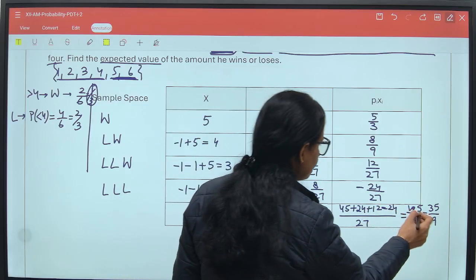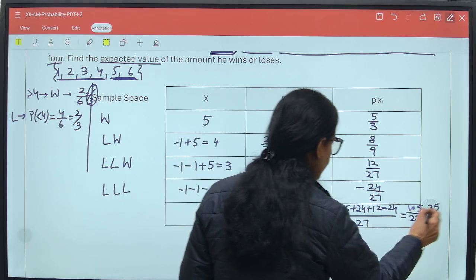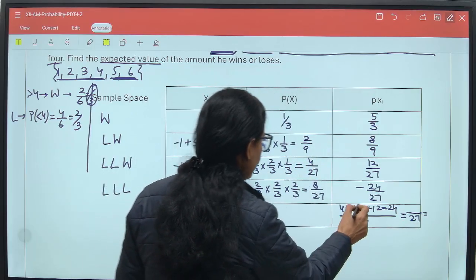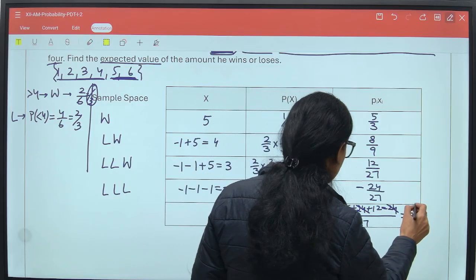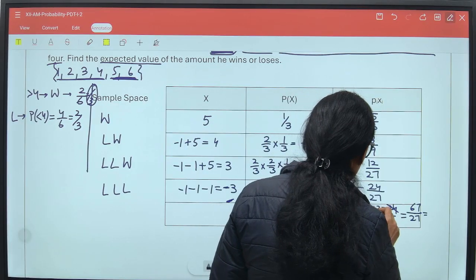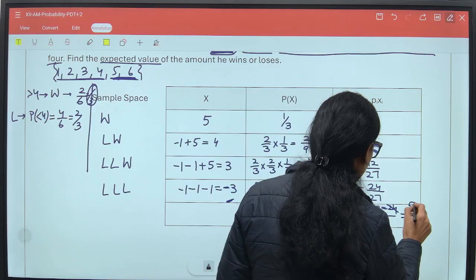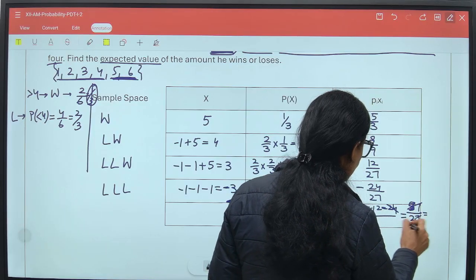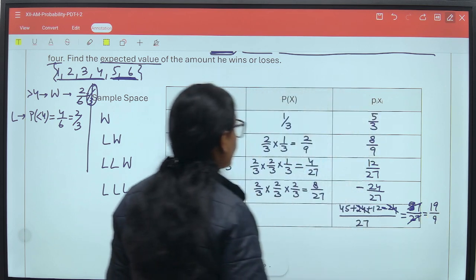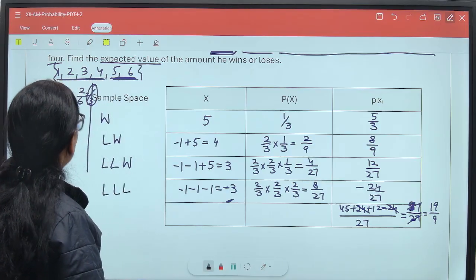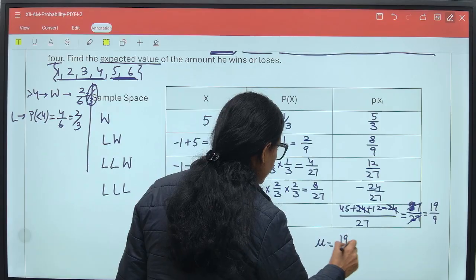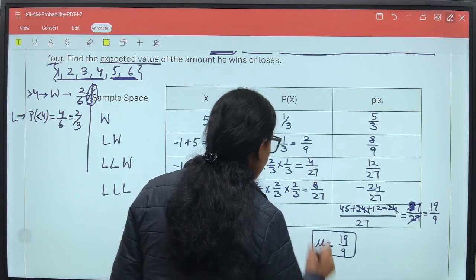Minus 24, that means it is not 105, so it is going to be 57 by 27, and when you reduce it to lowest form, it is going to be 19 by 9. So that means on an average, he is going to win 19 by 9 rupees. So this is the mean expectation.